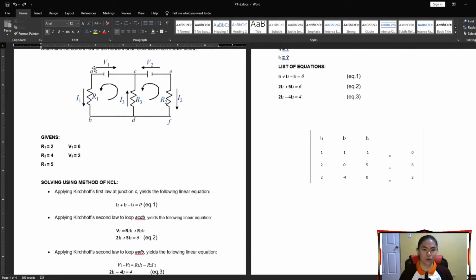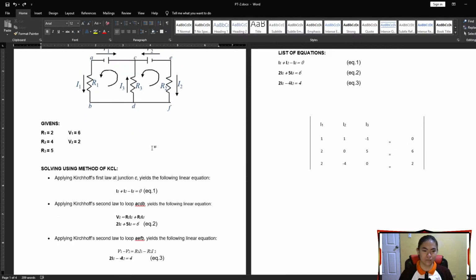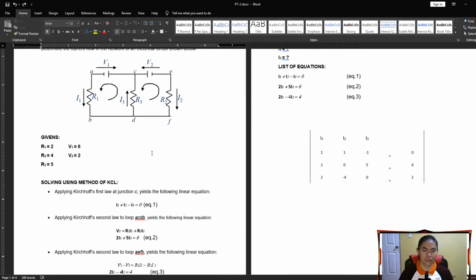Sa labas tayo kukuha instead na dito tayo sa loob na V2 lang and merong R3. So, ang ginawa ko is ginamit ko na lang yung dito na method sa labas. Yan, pa ganyan. A, E, F, B.